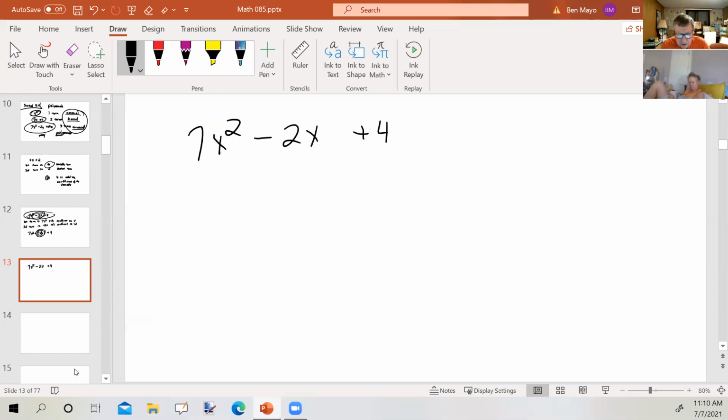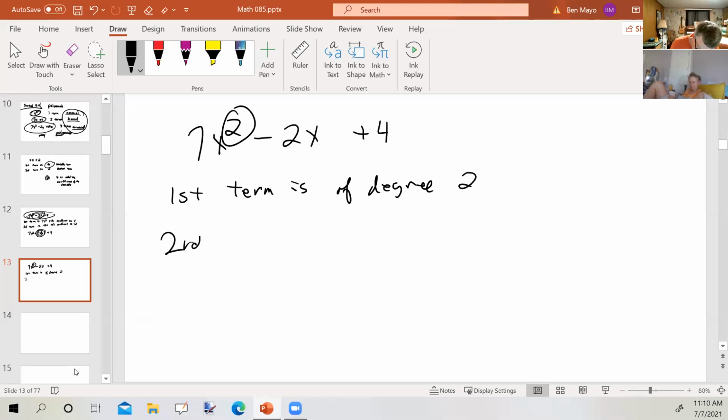The degree of a term is the sum of all the exponents on all the variables within that term. So the first term is of degree 2 because there's a 2 exponent on the x.